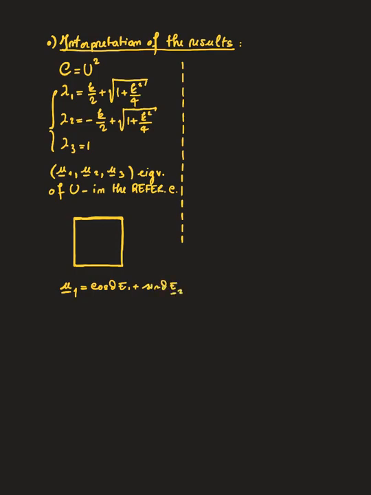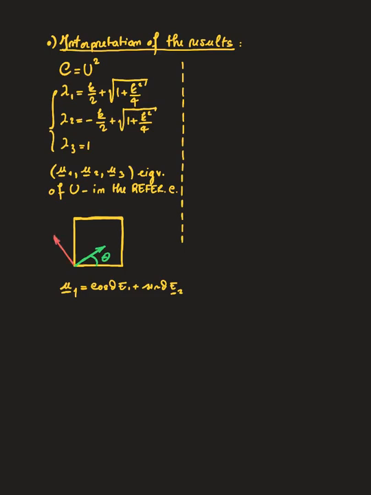So this vector u1 is this vector here. You see, it means that this vector has a certain angle, and this angle is defined by theta. And the other vector u2 is perpendicular to this and is related in this way.